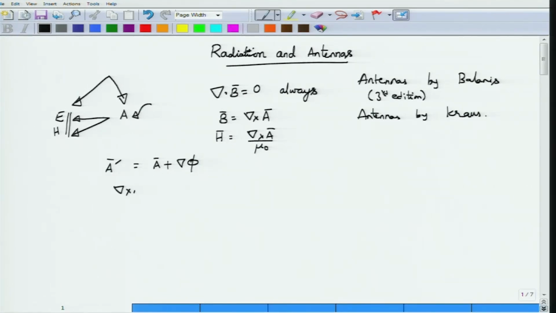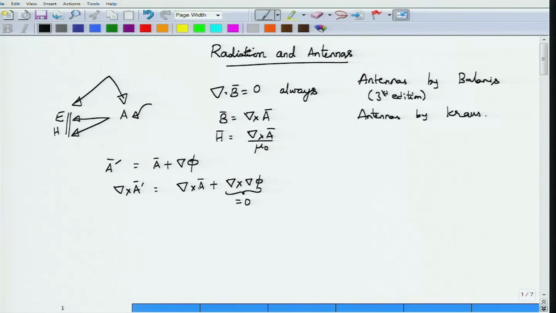Now consider what happens to del cross A prime. Because del cross can be applied individually to these two elements, it will give you del cross A plus del cross gradient of phi. But we already know that curl of gradient of phi is equal to 0 uniformly, which means that curl of A prime is equal to curl of A.